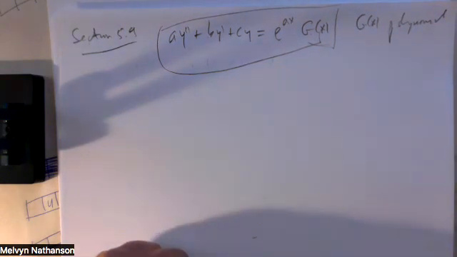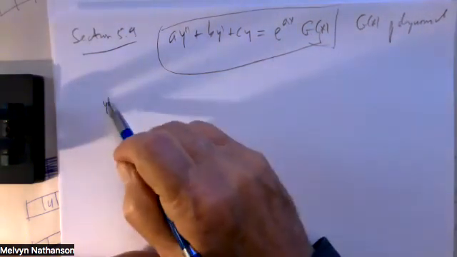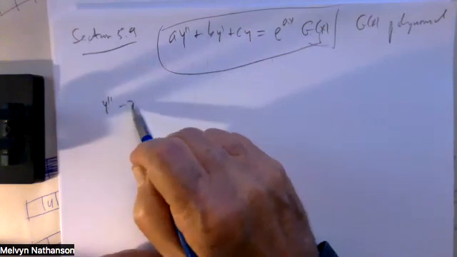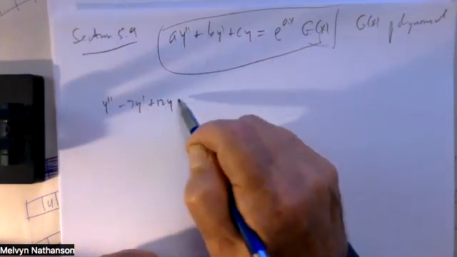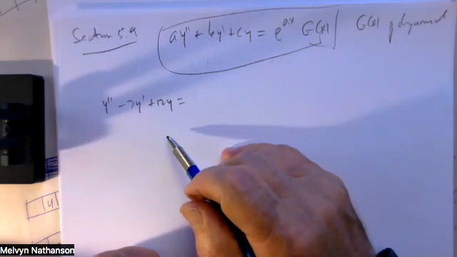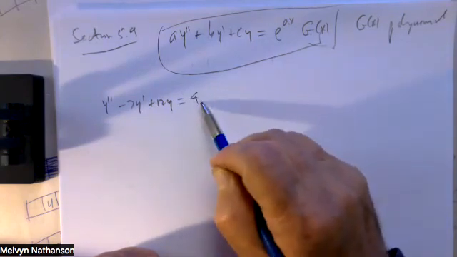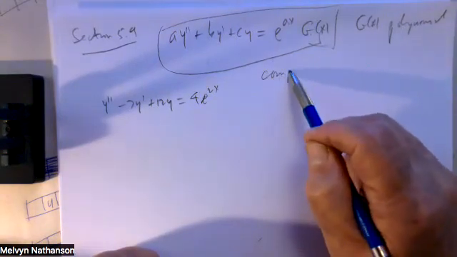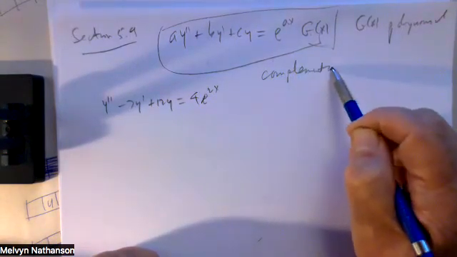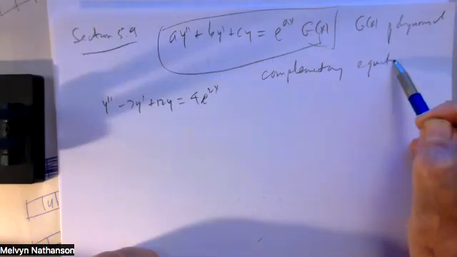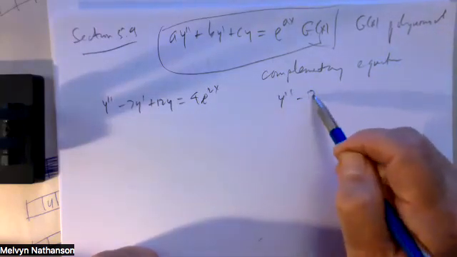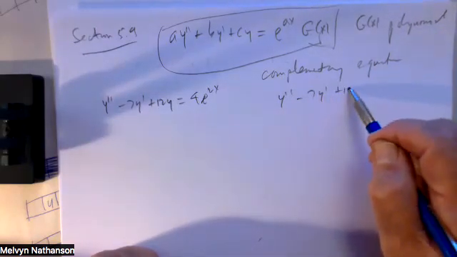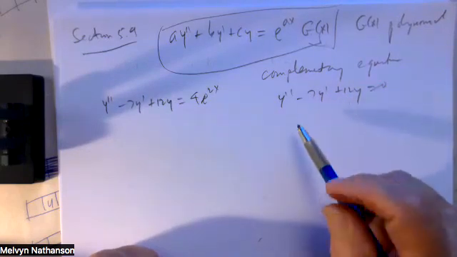Suppose we have y double prime minus 7y prime plus 12y equals 4e to the 2x. The complementary equation is y double prime minus 7y prime plus 12y equals 0.